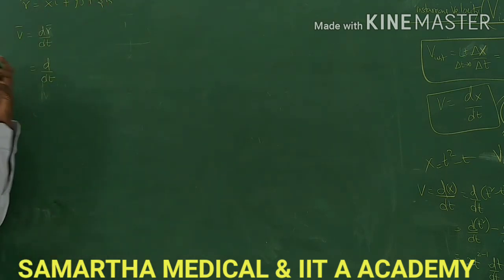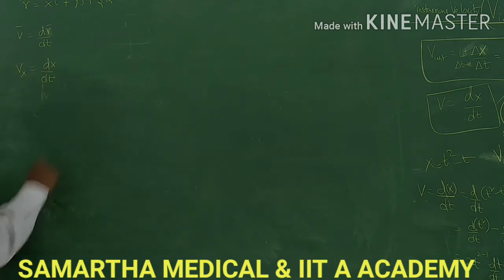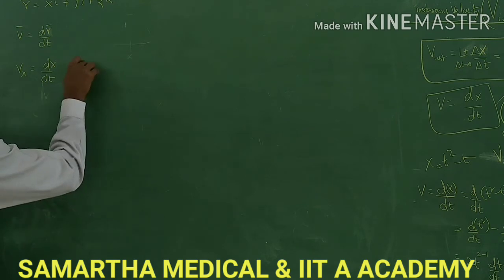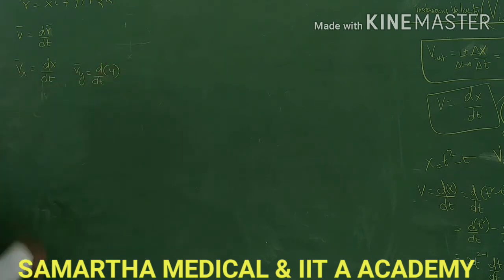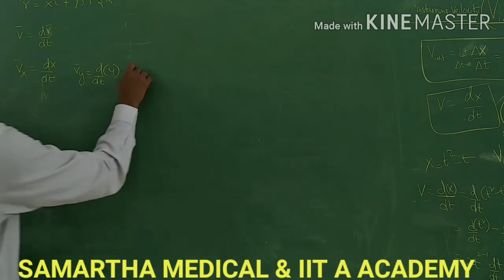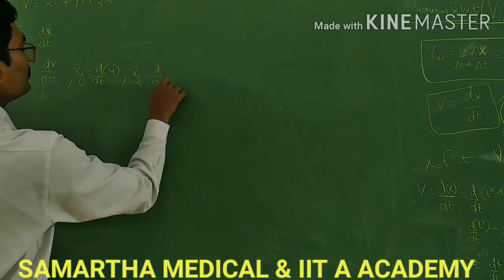This means that velocity is different in different directions. In the x direction, Vx is equal to d by dt of x. Vy, the velocity in the y direction, is d by dt of y. Vz is equal to d by dt of z.